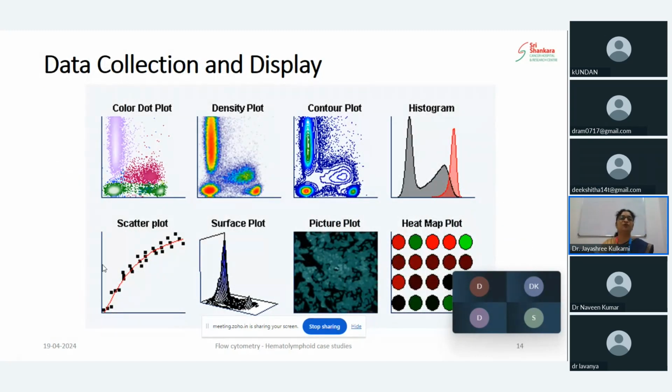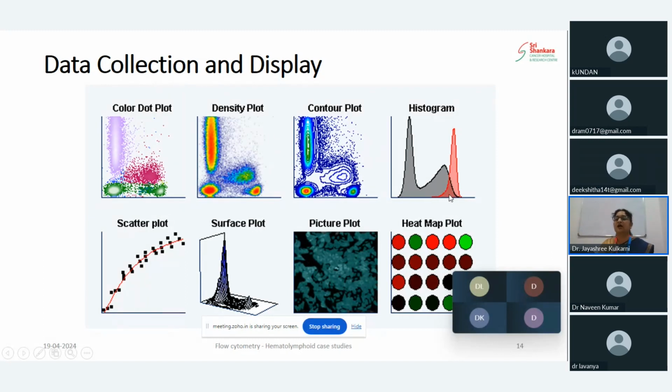Now, as I told you, once the light gets transmitted and by the PMTs, then it will be produced either as a dot plot or a density plot, contour plots. You want to see where your various populations are. You can use your contour plots. Histograms are nothing but what you see in Coulter, right?